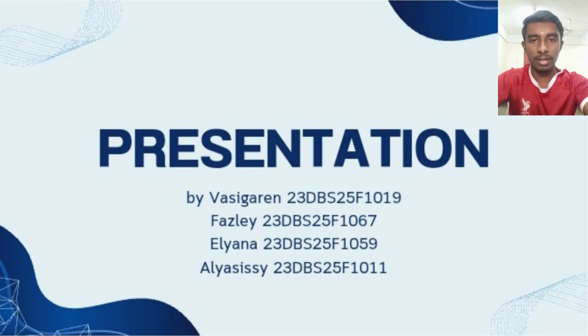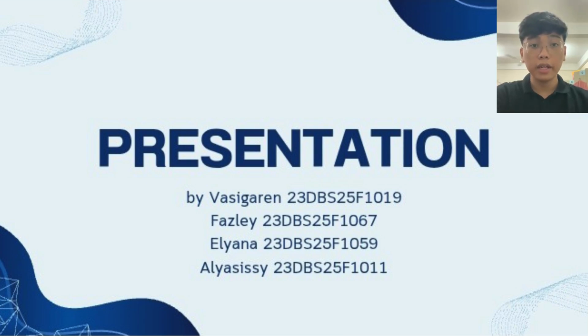First of all, let me introduce our teammates. My name is Wasiran Alalaki Ramis. Number matrix 23DBS25F1019. And my name is Fazli Shahbil Ahmad Sharani, and my matrix number is 23DBS25F1067.